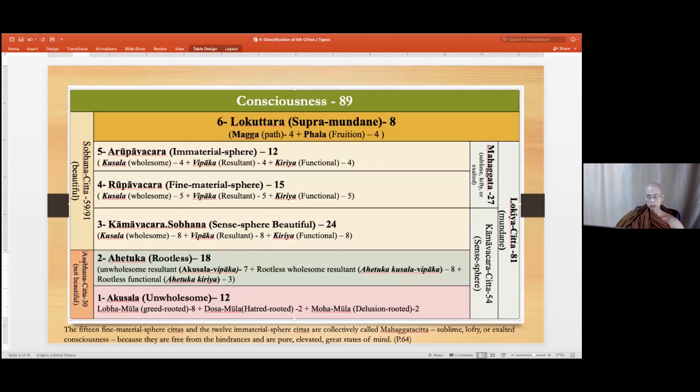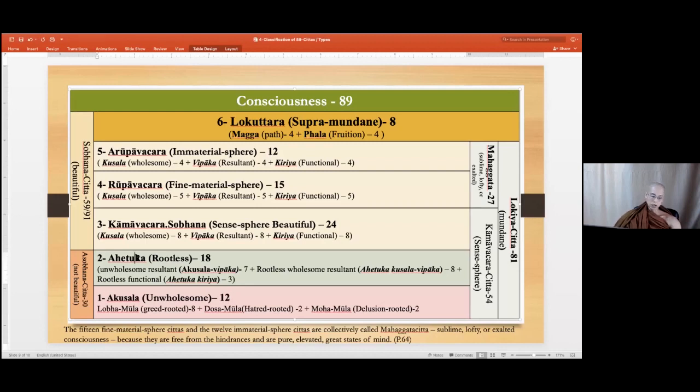Sobhana is beautiful, and the prefix 'a' has the negative meaning, so asobhana means not beautiful. The unwholesome consciousness are not beautiful because they are rooted in greed, hatred, and delusion, unwholesome mental factors. That is why that consciousness is regarded as not beautiful.